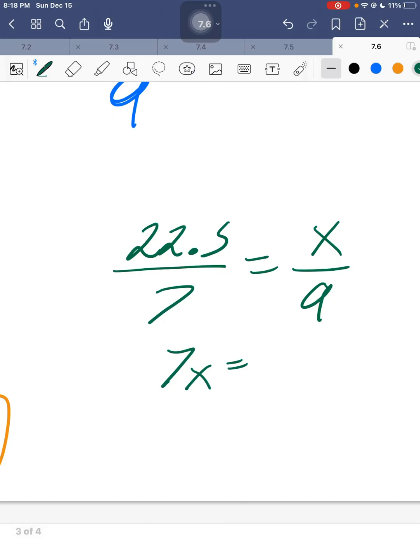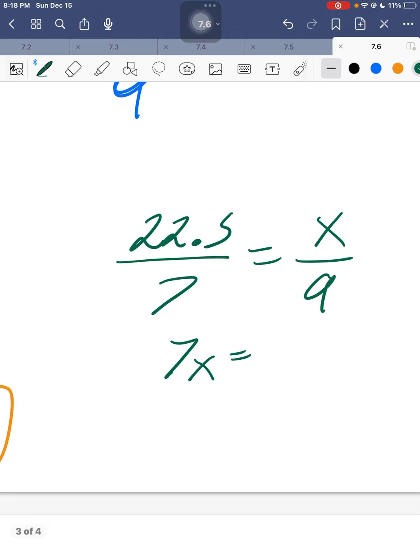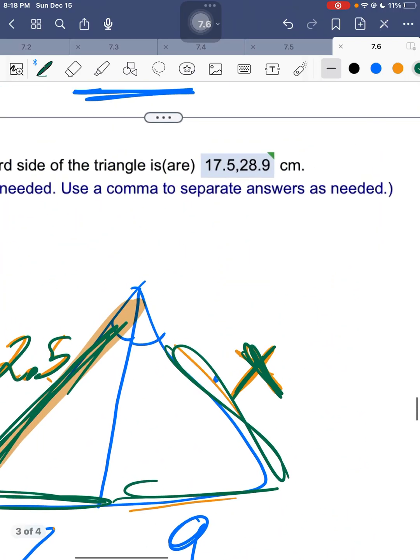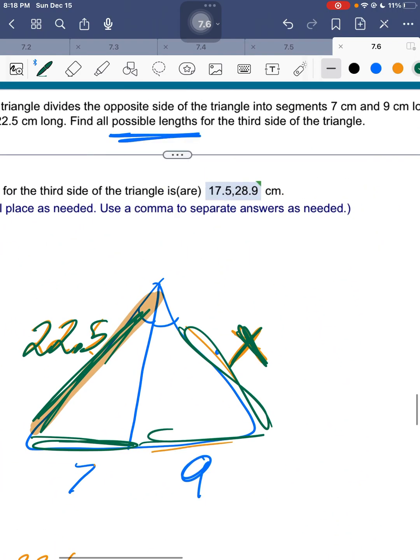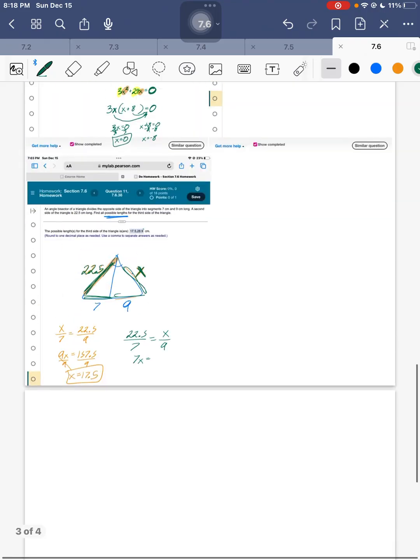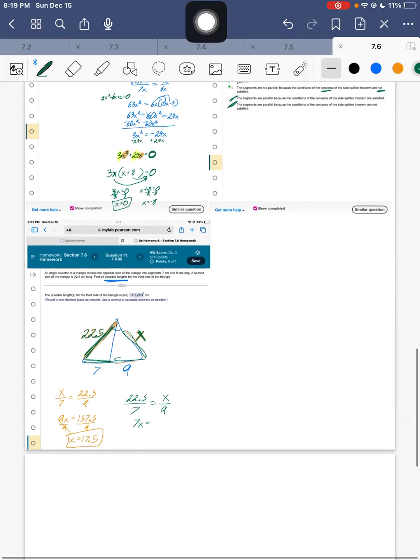So we had 17.5 right here and 28.9. So that's pretty much it, guys.